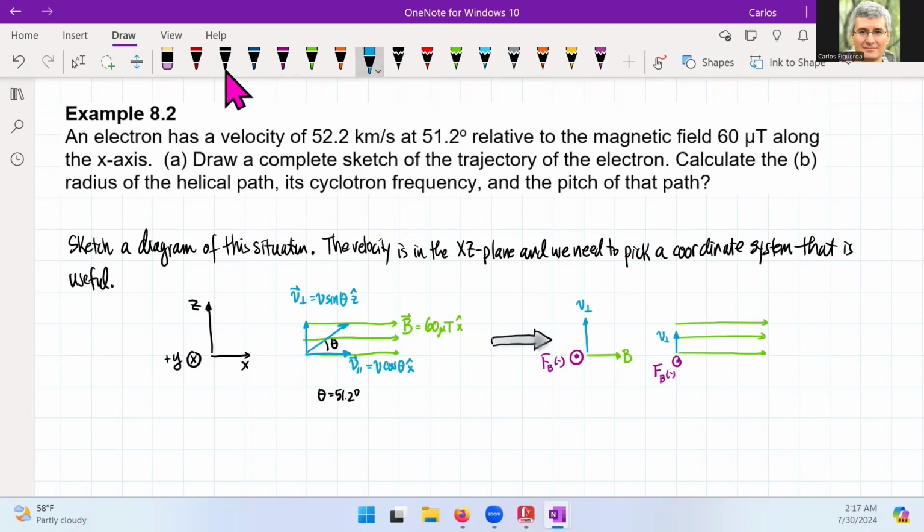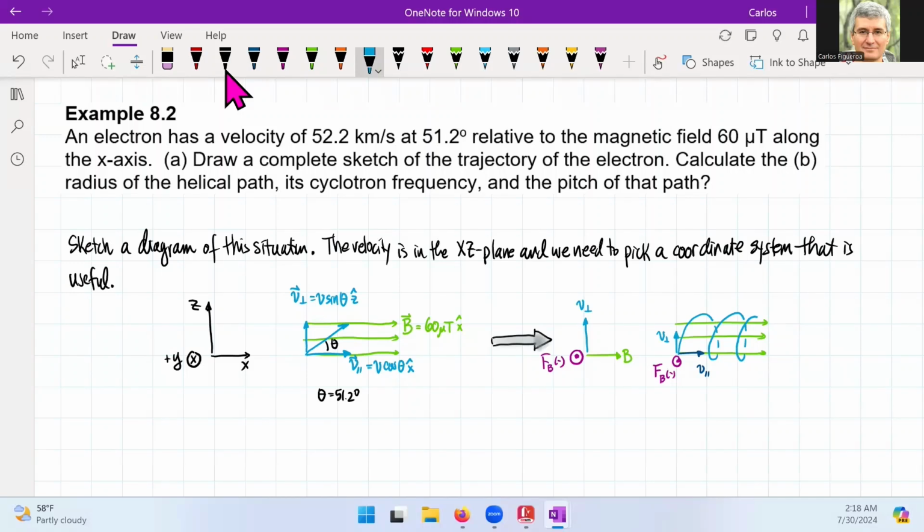And remember, I still have a velocity that's parallel here. If I look at that magnetic field, the charge is going to rotate like this, and then come around, and it's moving in that type of path right there.